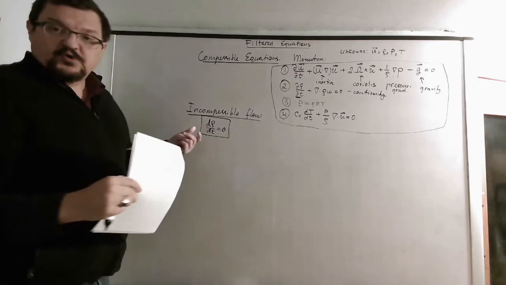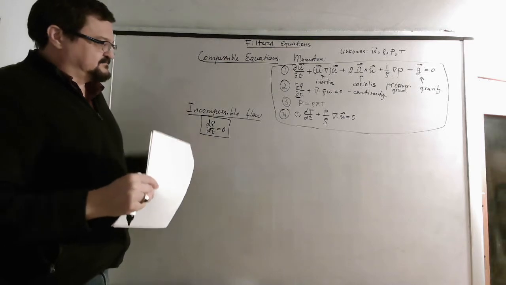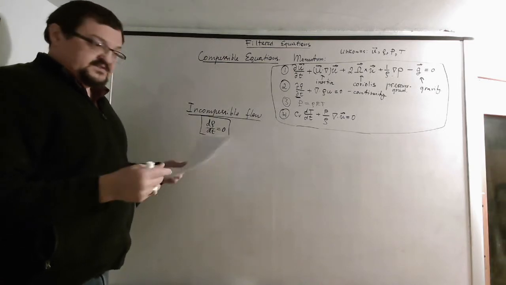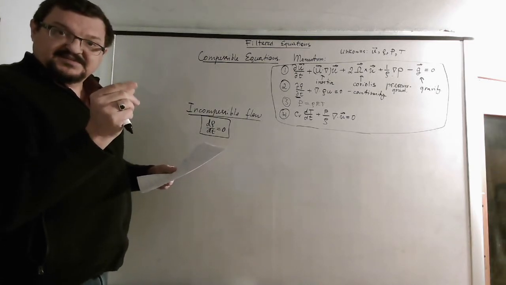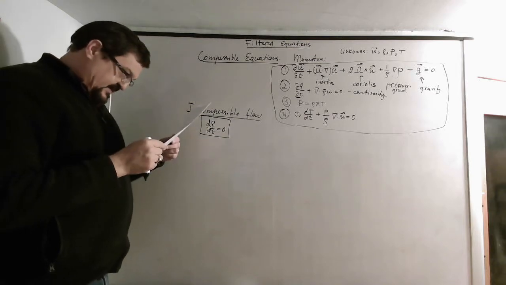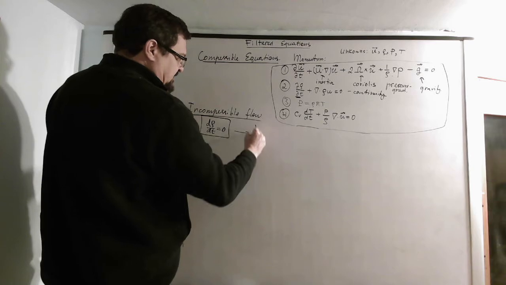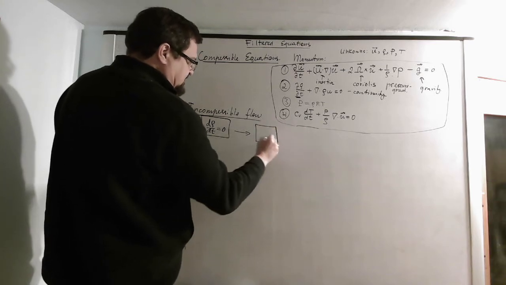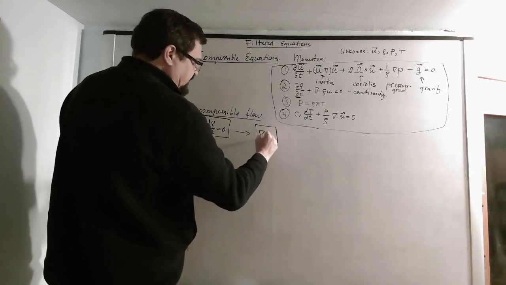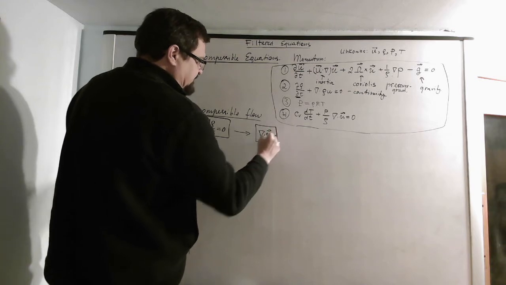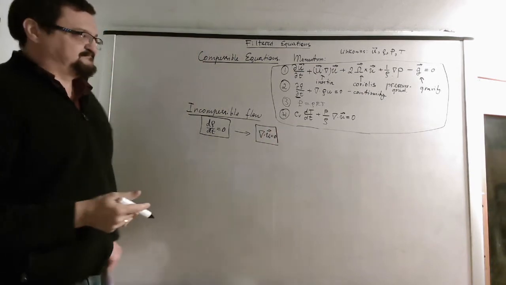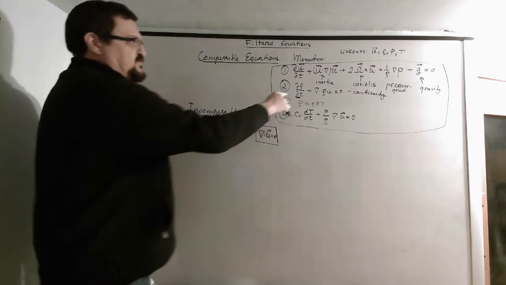Then of course there are no sound waves, because sound is actually the slight compressibility of fluid. This is what actually makes sound. From that it follows immediately that the divergence of u equals 0. This is from the continuity equation.